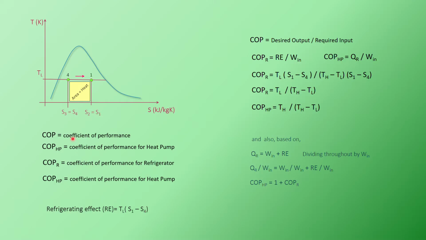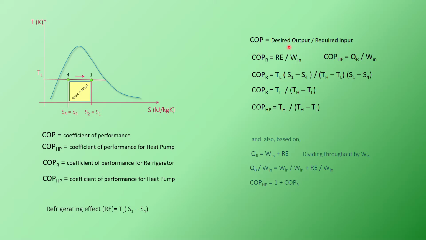Now, the next thing that we have to discuss is the COP. COP is known as the coefficient of performance. For refrigeration, we don't call it efficiency or thermal efficiency. We call it COP, the coefficient of performance. Now, how do we define the COP? It's just the same as what we have done for heat engine cycles.